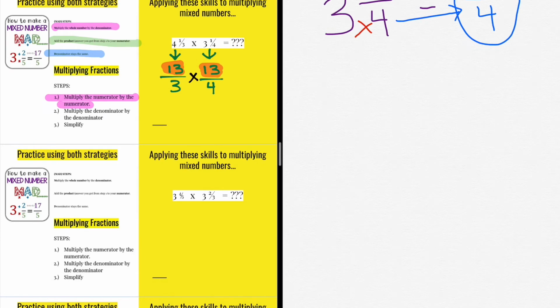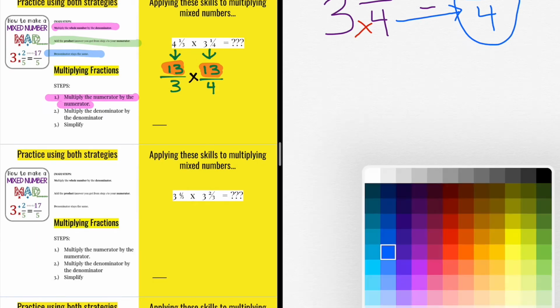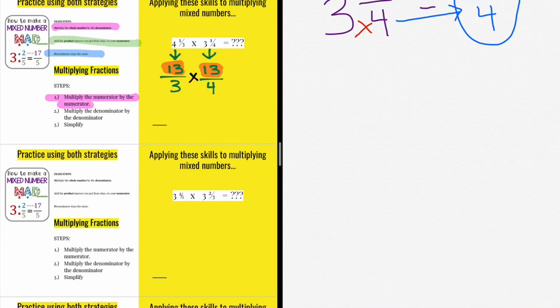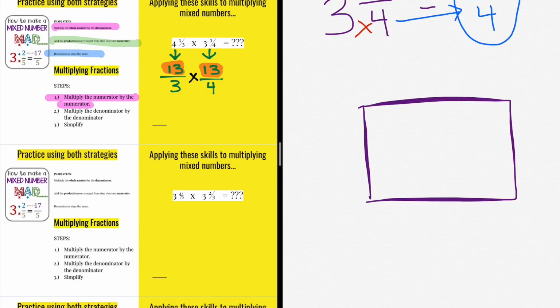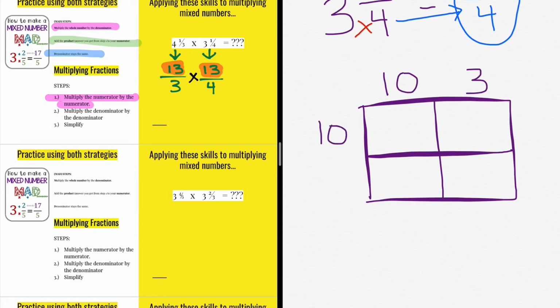Today I'm going to use the area model method because it's a little bit faster for me. And I'm just going to turn my 13 times my 13 into expanded form. So 13 turns to 10 and 3, 10 and 3.